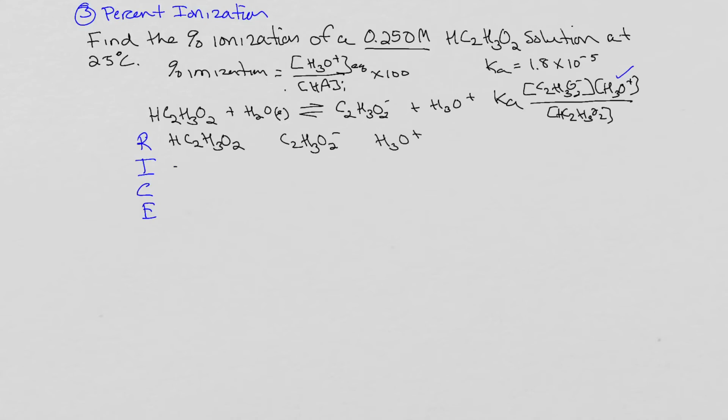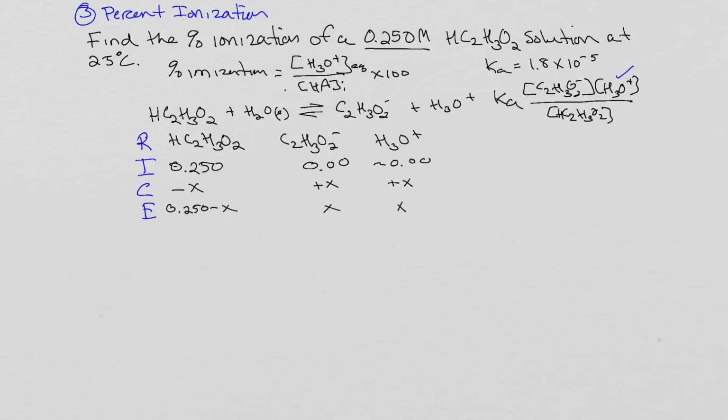We know initially this is 0.250, we know this is 0, and this is approximately 0 at the beginning. We can quote our changes in terms of x, so we don't know anything about equilibrium. So we know this is going to go down by x, up by x, up by x. And our equilibrium concentrations can be found with 0.25 minus x, x, and x.